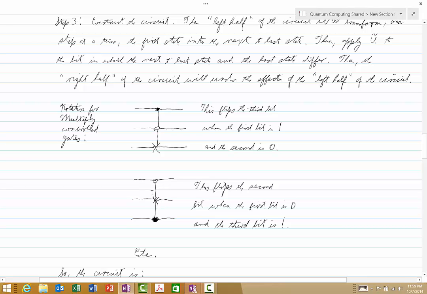In that case, the second qubit will toggle or flip, but in all other cases, the second qubit will remain unchanged. So that's the notation that we will be using for these multiply controlled gates.